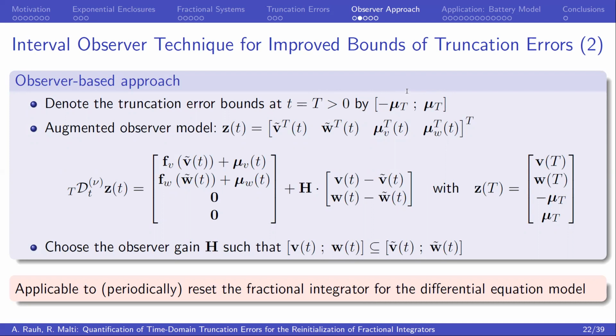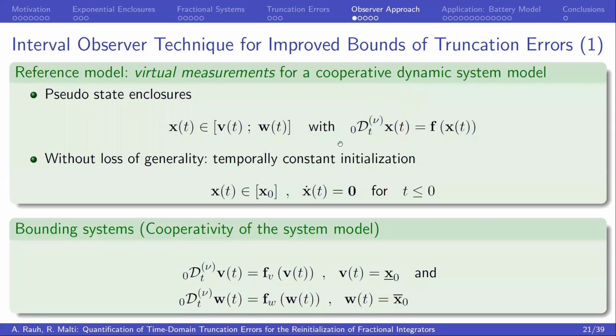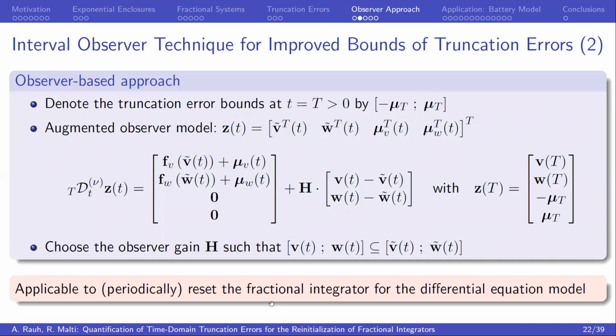Now we are augmenting our system model. We do not only take into account the bounding systems FV and FW from the previous slide, but we add two integrated disturbance models with the right-hand side equal to 0, which describe the temporal evolution of lower and upper bounds for these truncation errors.